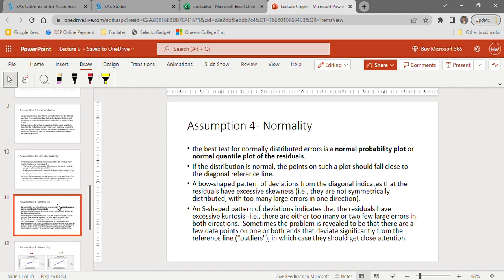So if the distributions are normal, the points on such plots should fall close to the diagnostic reference line. A bow-shaped pattern of deviation indicates that the residuals have excess skewness. And then an S-shaped pattern of deviations indicates that the residuals have excess kurtosis, right? Which means there are too many or too few errors in both directions right over here.